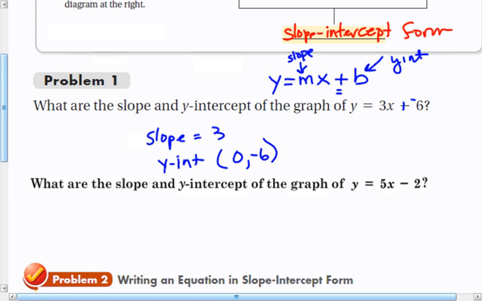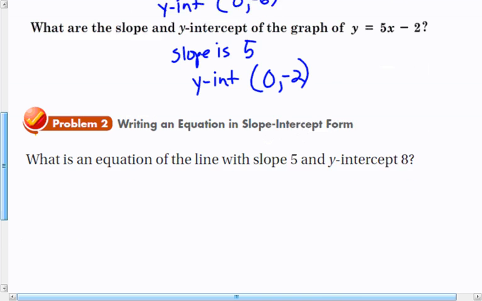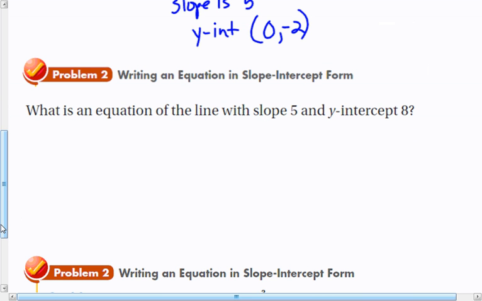All right, so in this next one, slope is 5, and the y-intercept is the point (0, -0). All right, you try that. Oh, well, let's just try another problem here. Writing an equation in slope-intercept form.